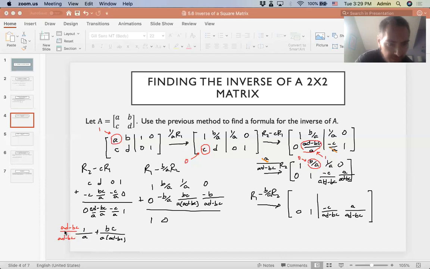Okay, and so I've got in the numerator AD minus BC times 1, and then plus BC over the common denominator, A times AD minus BC. Now you see that the BC's cancel.